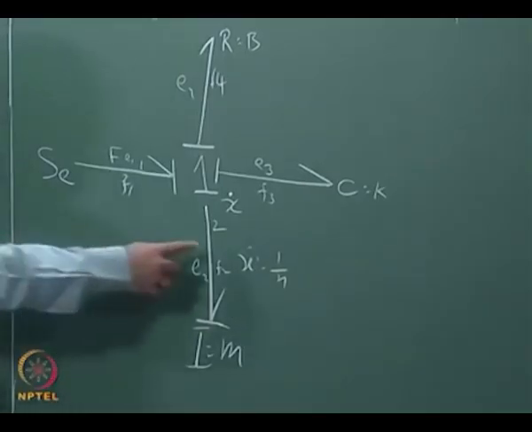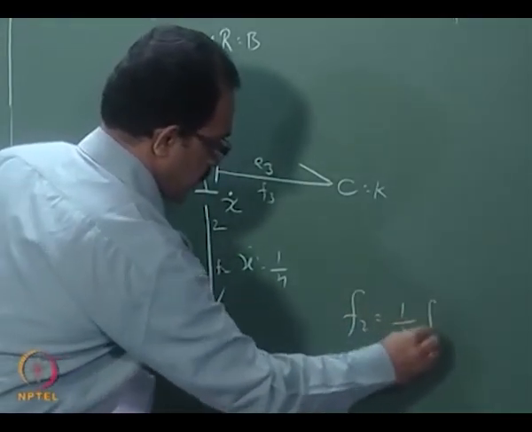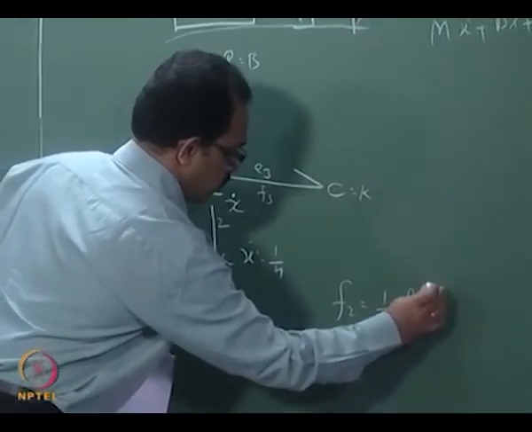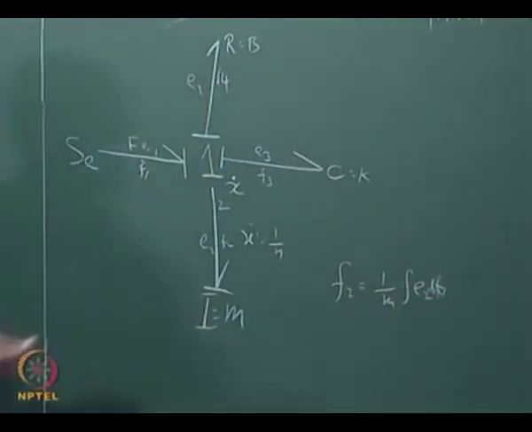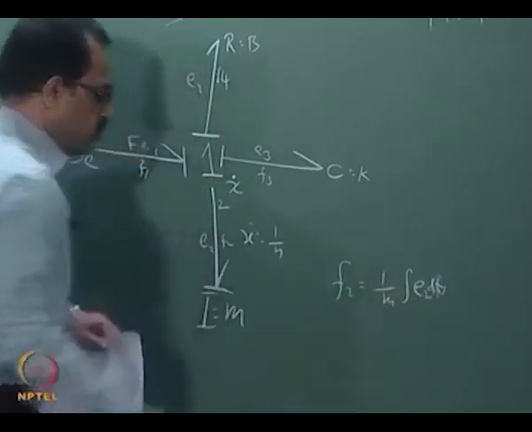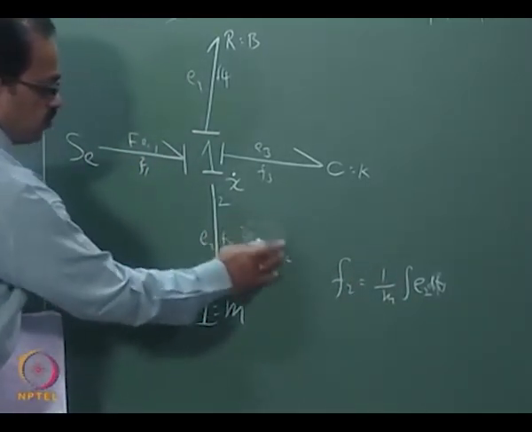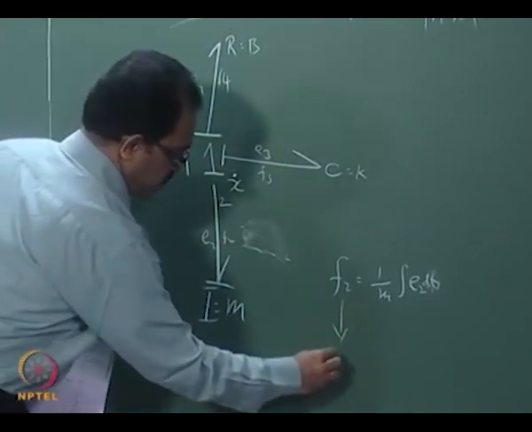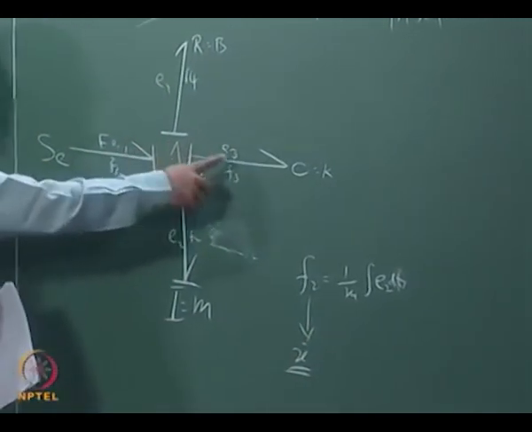I can calculate F2: F2 is nothing but 1 over m integral of E2 dt. That is the velocity, F2 is nothing but x dot. So x dot is calculated, and all the others follow from this.